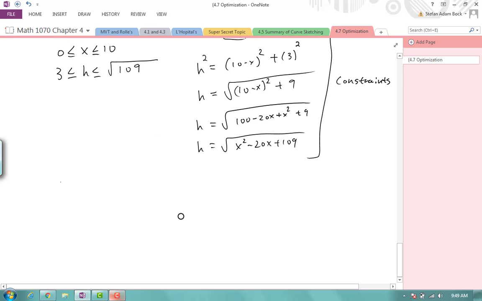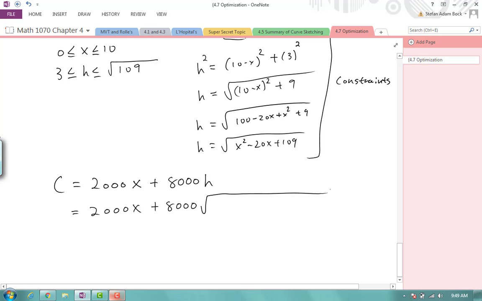So what is my objective function? Well, the cost is going to be 2,000 times the amount of pipe on land, which is X, plus 8,000 times the amount of pipe underwater, which is H. But since I have a constraint here, I have a way to calculate H based on X. I can simplify my cost function to be in terms of a single variable, which is 2,000x plus 8,000 times the square root of x squared minus 20x plus 109.